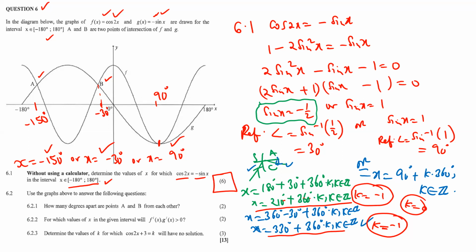Now we move to 6.2, then 6.2.1. Use the graphs above to answer the following questions. How many degrees apart are points A and B from each other for 2 marks? Very, very easy.